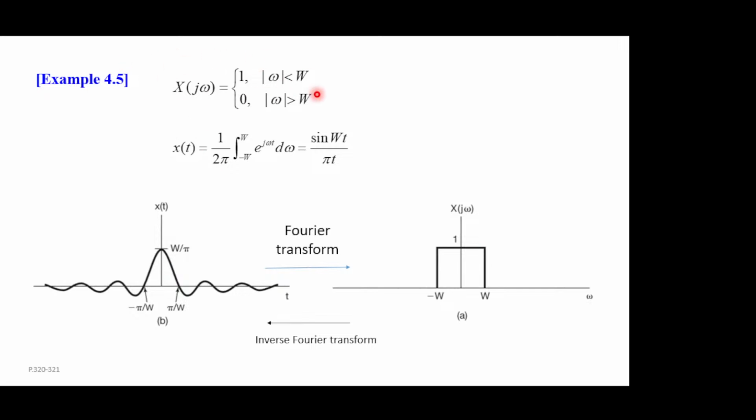So you see that the inverse Fourier transform of this square wave is this sine t over t function. That also means the Fourier transform of the sine t over t function is the square wave function. Okay.